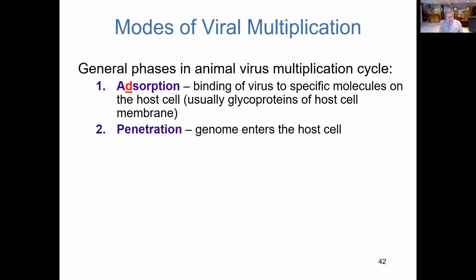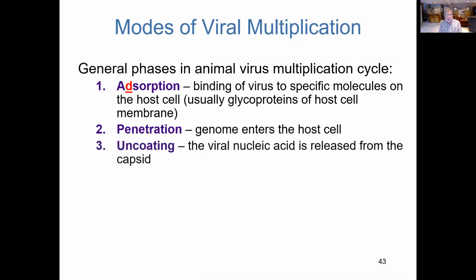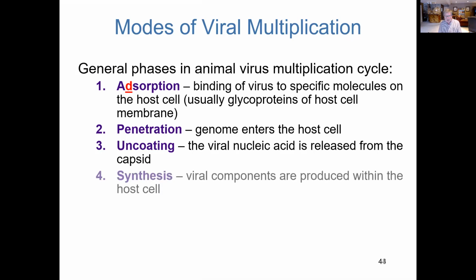We'll talk about how that can happen in just a few moments, but it's got to get in, penetration. Once inside, we need to uncoat the viral nucleic acid from the capsid. Remember, the capsid is the outer protein surface structure, outer covering. Just underneath that is the nucleic acid, so we have to uncoat the nucleic acid.